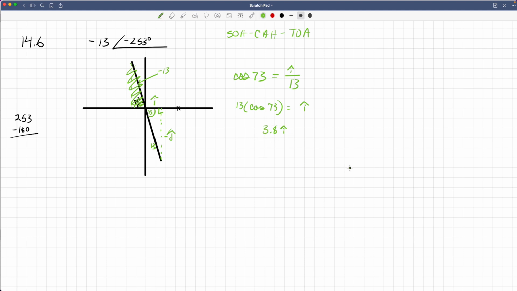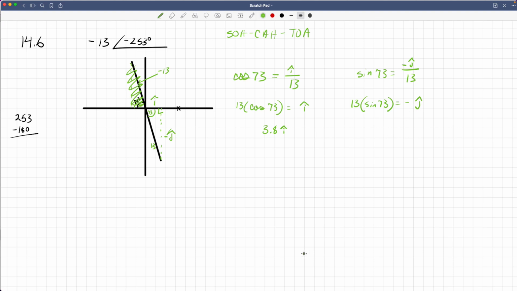So now I'm going to use sine to find my j. So the sine of 73 is going to equal the negative j over 13. Same thing, 13 times the sine of 73 is equal to the negative j.